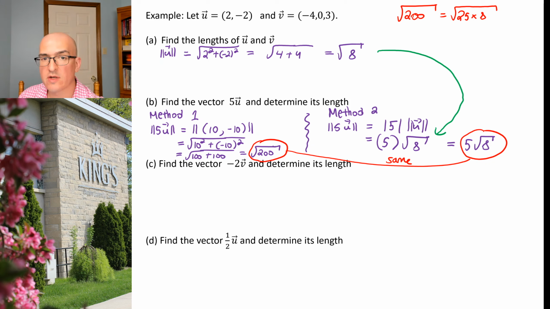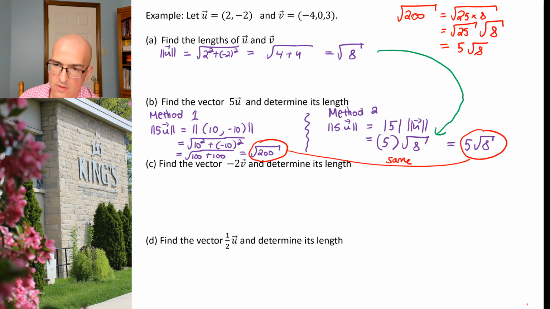So we can write this as the square root of 25 multiplied by the square root of 8, which is 5 times the root of 8. And it can be simplified further. We can write this as 10 root 2. The important takeaway is we have two different ways to calculate them. You either have to know both ways, or you have to be able to do conversions like what's shown up above.